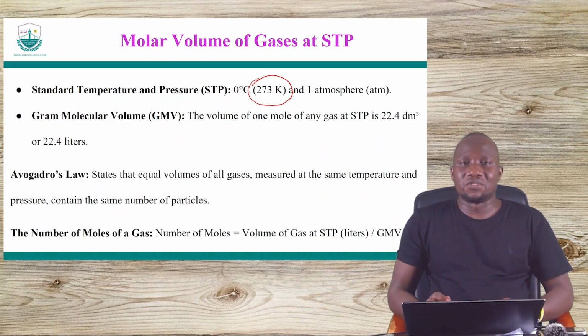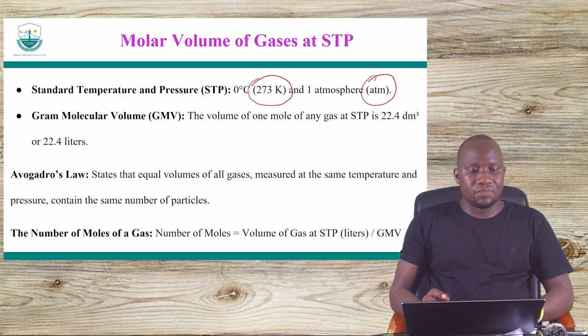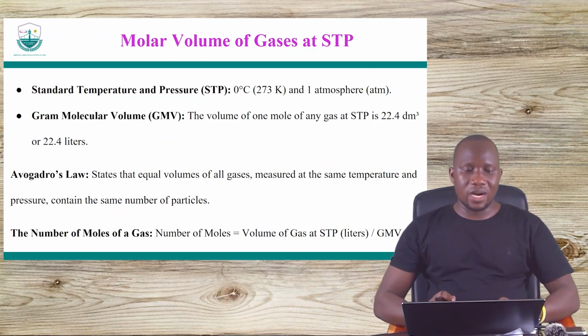The units are the ones that are different, but 273 Kelvin is 0 degrees centigrade, and that is the standard temperature. And the standard pressure is 1 atmosphere, which we can abbreviate as ATM.